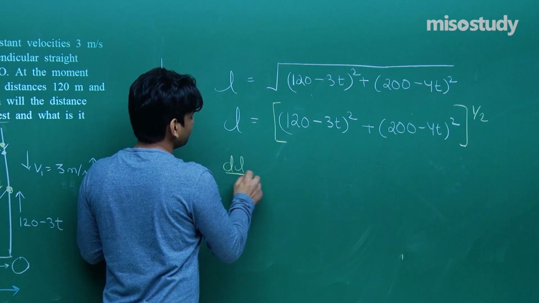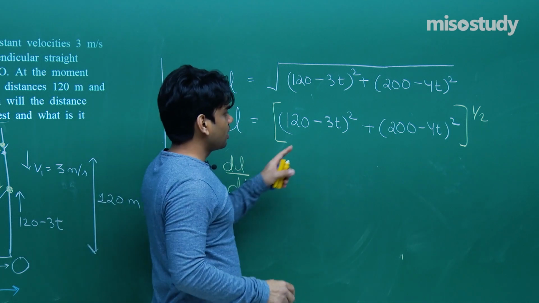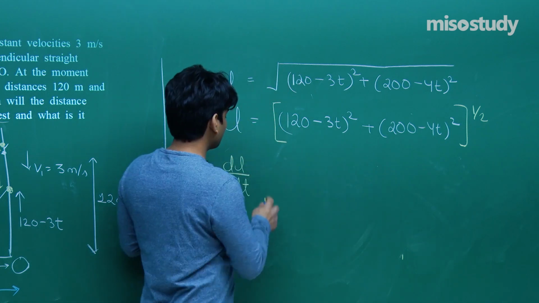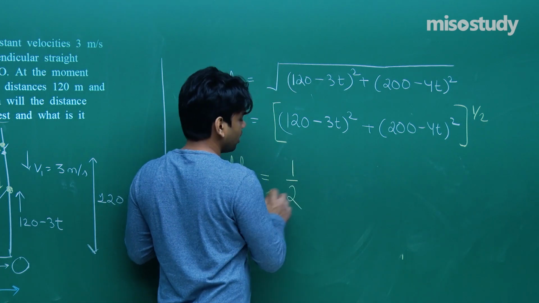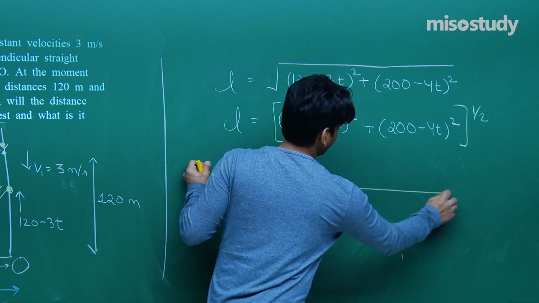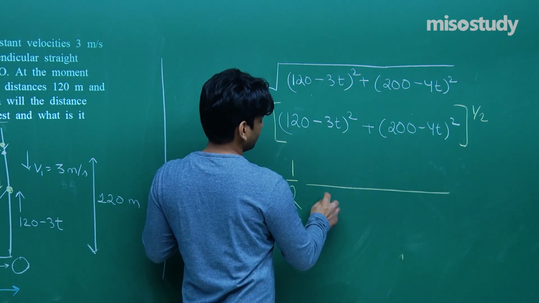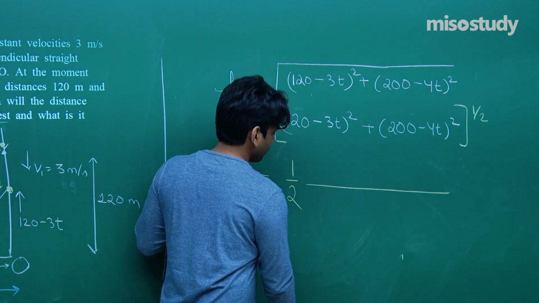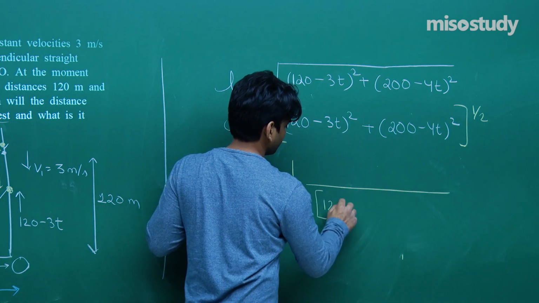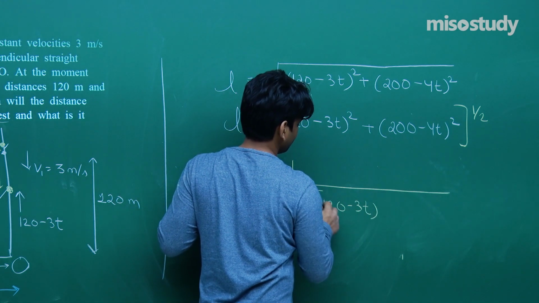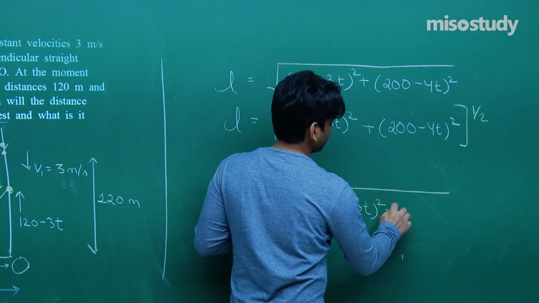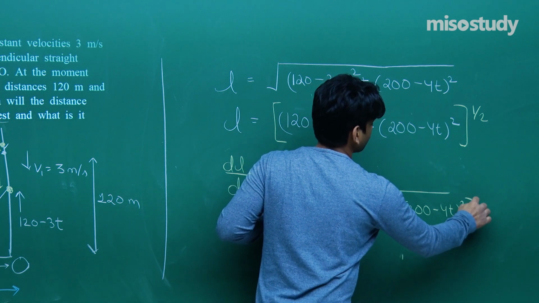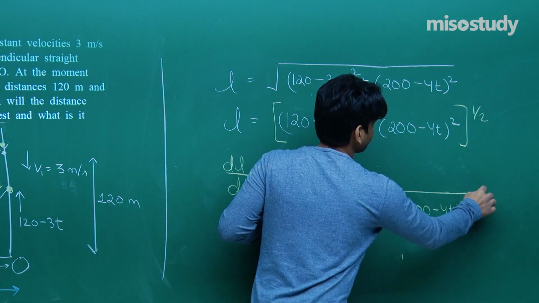So dL by dt will be half, the entire thing to the power minus 1 by 2. So first of all, the first part will be half, and then the under root of this entire thing, so let me write here (120 minus 3t) whole square plus (200 minus 4t) whole square, power 1 by 2.